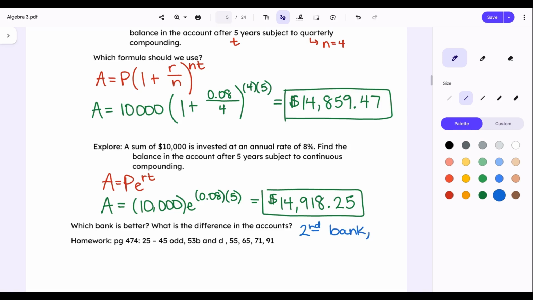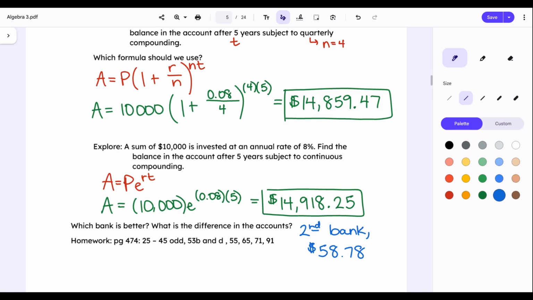Okay, and if they're saying what is the difference in the accounts, well, let's just subtract. Let's take 14,918.25 and let's subtract 14,859.47. Looks like it's a difference of 58.78. So not a huge difference, but if I want my money to do the most growth, I'd probably want to put it in that second bank.